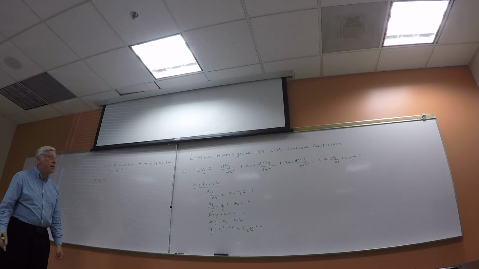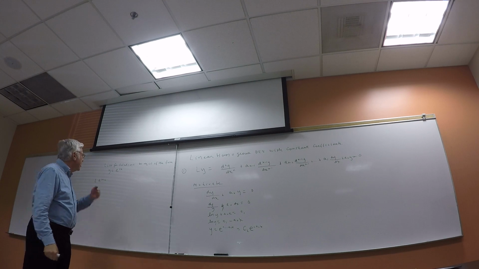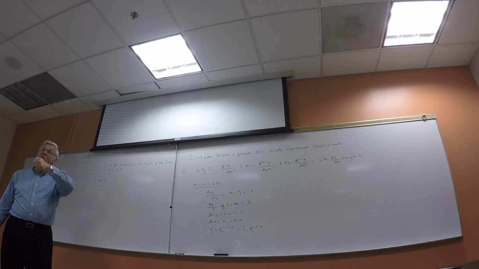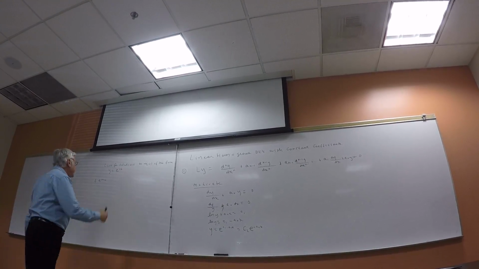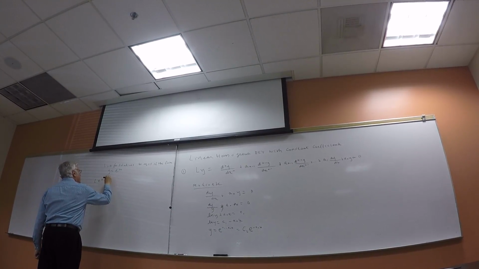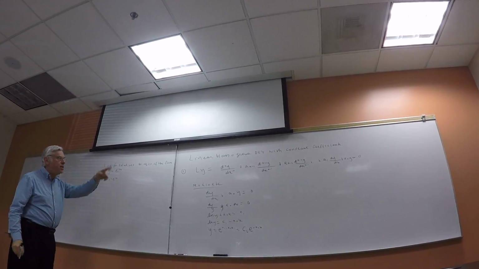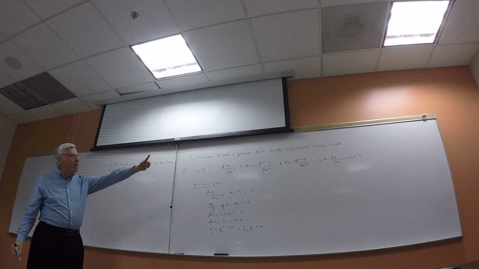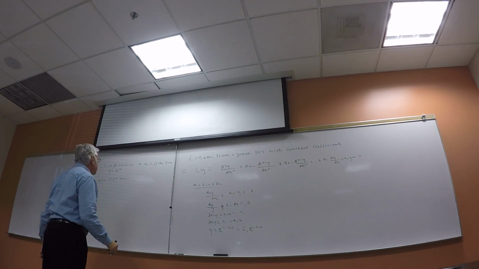Okay, the first term is the nth derivative of that with respect to x. Well, that's easy, right? The first derivative would be r e to the rx. The second derivative would be r squared. Clearly, the nth derivative would be r to the n, e to the rx. Okay. Next term, a sub n minus 1. Okay, what's the n minus first derivative of e to the rx with respect to x?